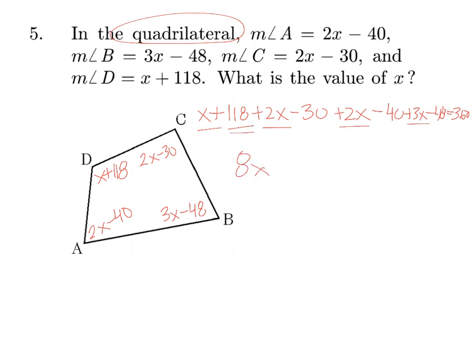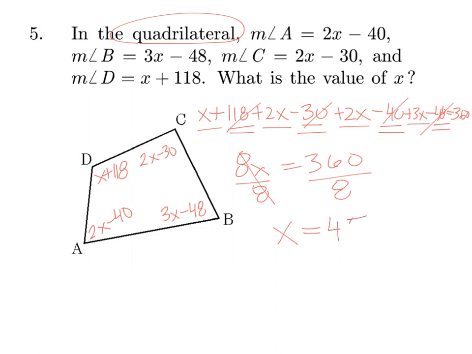You got 118 minus 30 minus 40 minus 48. Alright, so minus 70 minus 118. Wait, these all cancel out, don't they? Yes, they do. Okay. Alright, 118 minus 118. So 8x equals 360. Divide by 8. And x is equal to 45. Done.